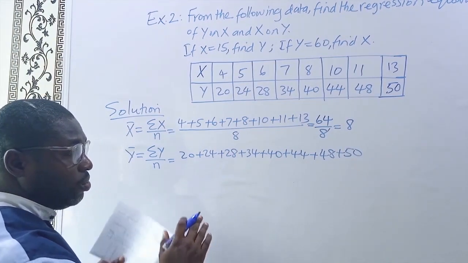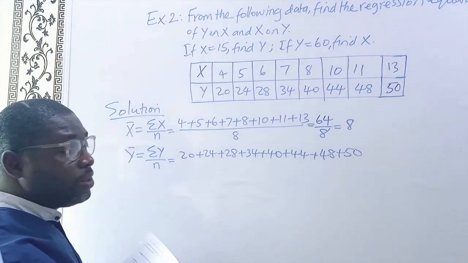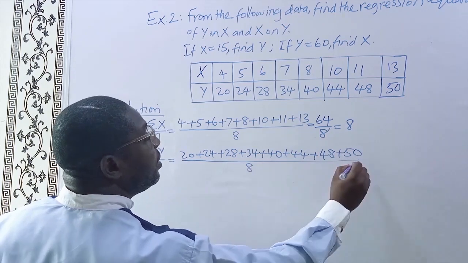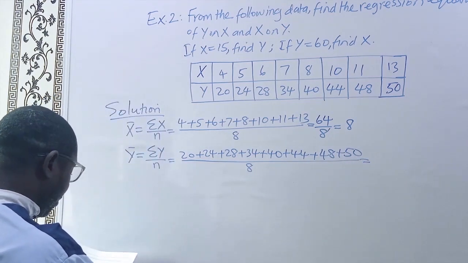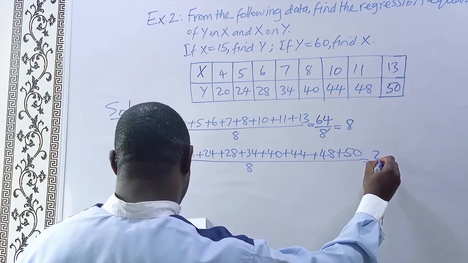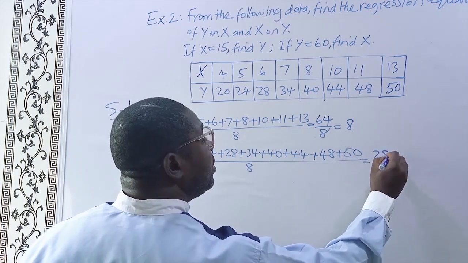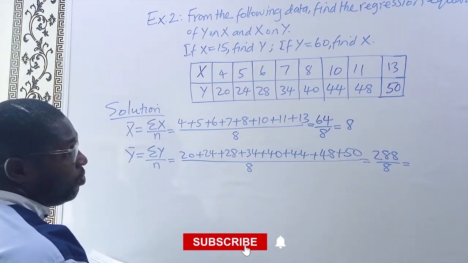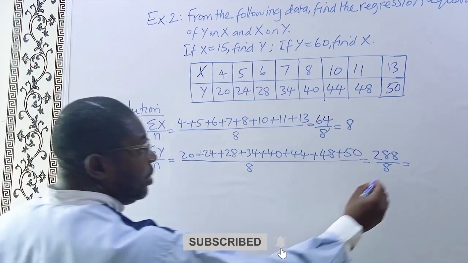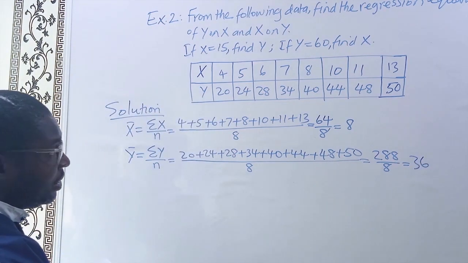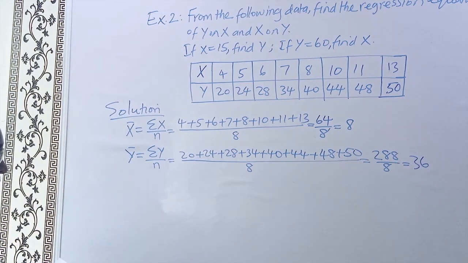Don't think it's too laborious for you not to do it so that you don't miss out anything. Divided by 8. So let's add this up. If you add this up, what you should have is 288 divided by 8, and the mean of Y, that's Y bar, is going to be 36. So we have Y bar as 36 and X bar as 8.